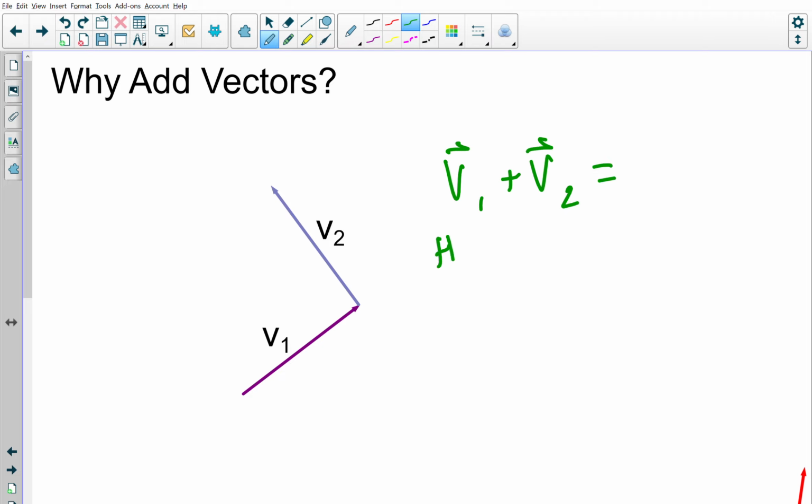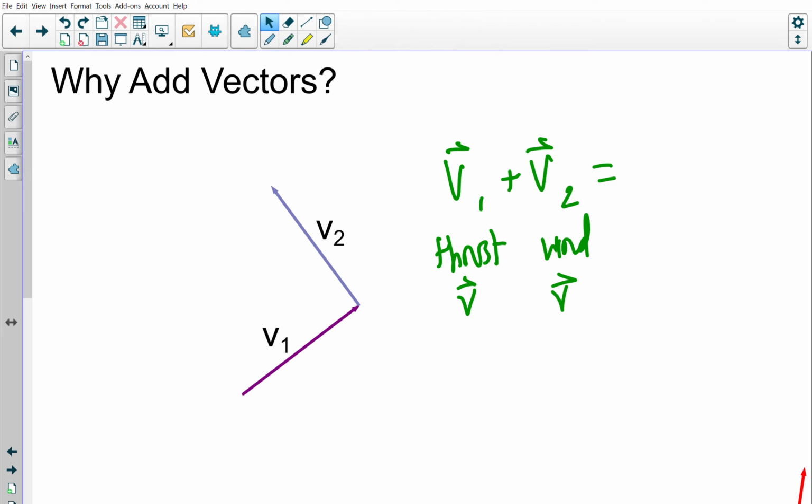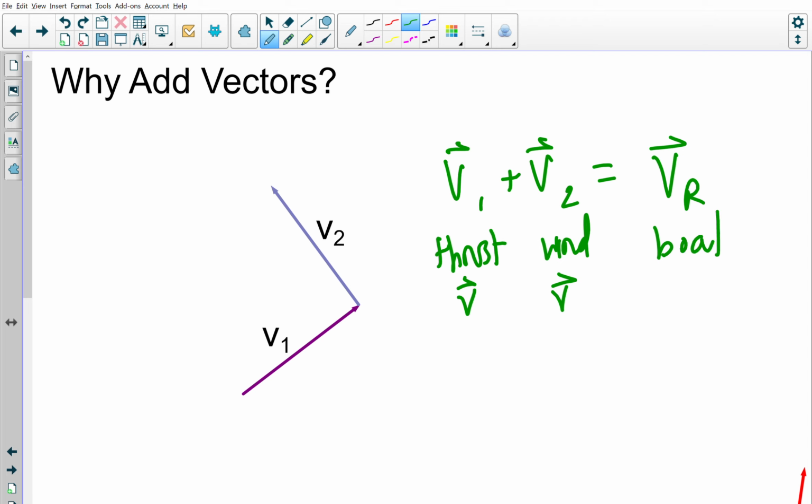This is maybe the thrust velocity, and this could be the wind velocity. V1 plus V2 will give you the resultant velocity. This is where the boat actually goes, the direction it actually goes in.